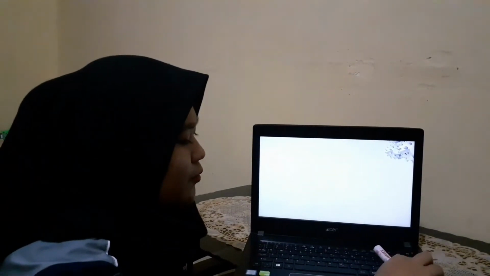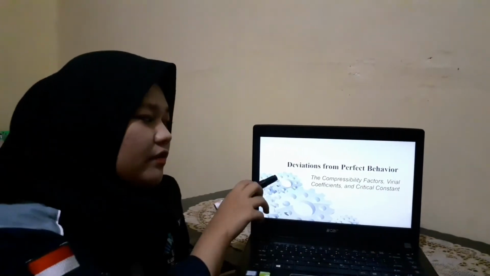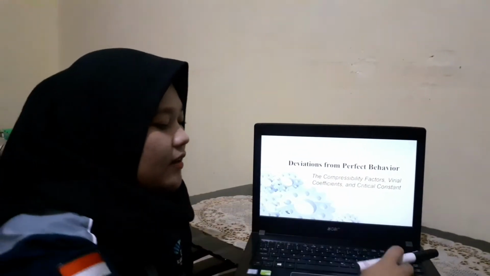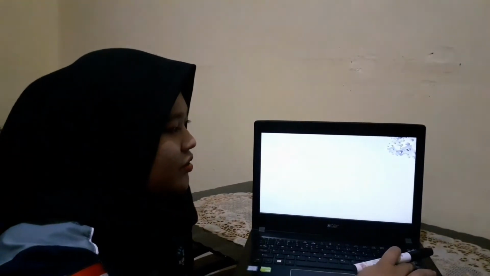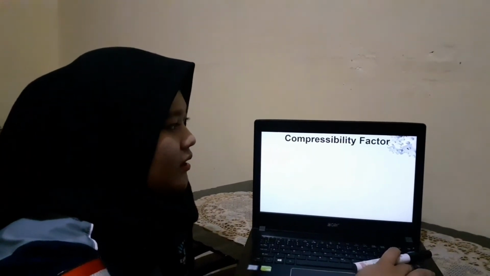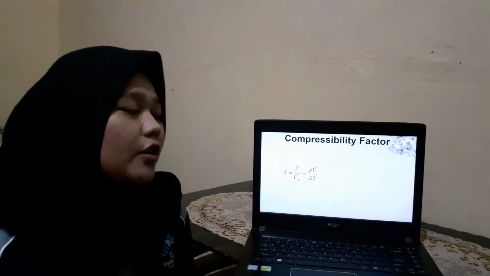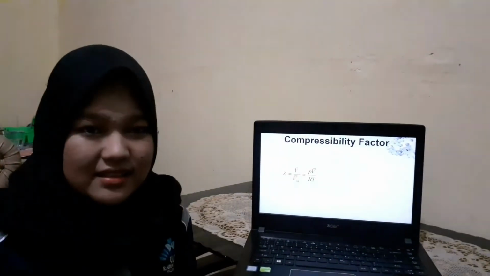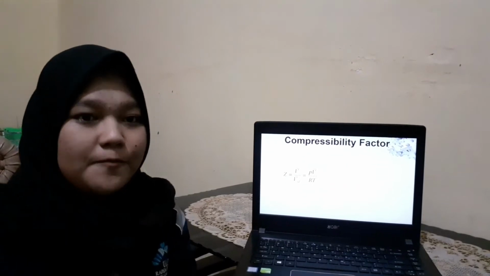Because we are explaining the deviation from perfect behavior, this is the real gas, not the ideal gas. So for the compressibility factor, Z doesn't equal 1.